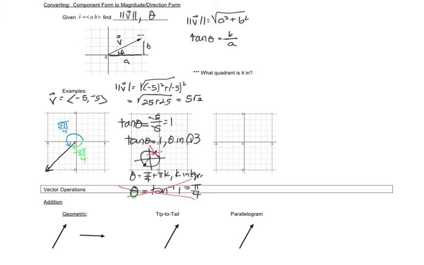So that's what I was trying to say earlier: when you have tangent, there are infinitely many solutions, but you need the theta that gets you where your vector is. So you actually have to know what quadrant this vector is in, or what direction it's pointing, and find the corresponding angle. So that's key.